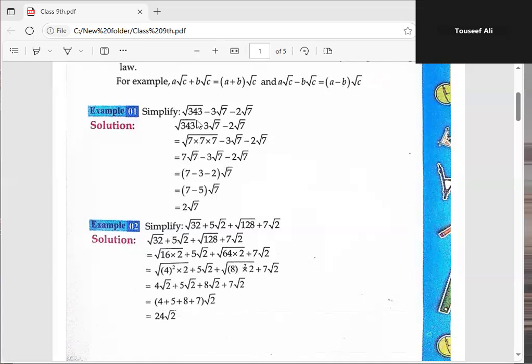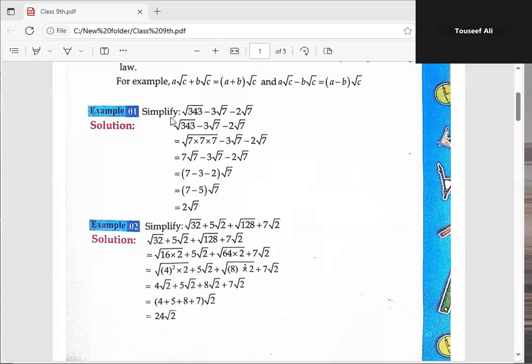Here first we have the question, root 343 minus 3 root 7 minus 2 root 7. In these two terms, the terms are already in simplified form, but root 343 is not in simplified form.